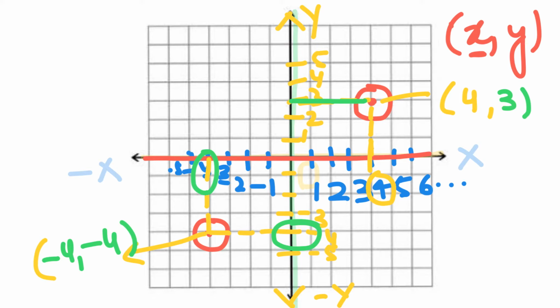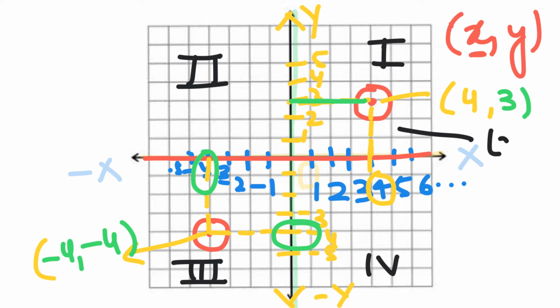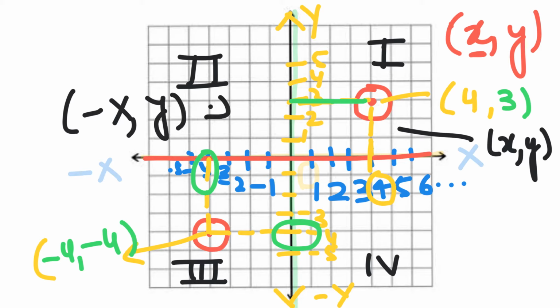Now coming back to the topic, this is known as the first quadrant, this is the second quadrant, this here is our third quadrant, and this is the fourth quadrant. In the first quadrant the points are x and y, as x is positive and y is positive. In the second quadrant x is negative, so we write the point as minus x and y, since y is positive.